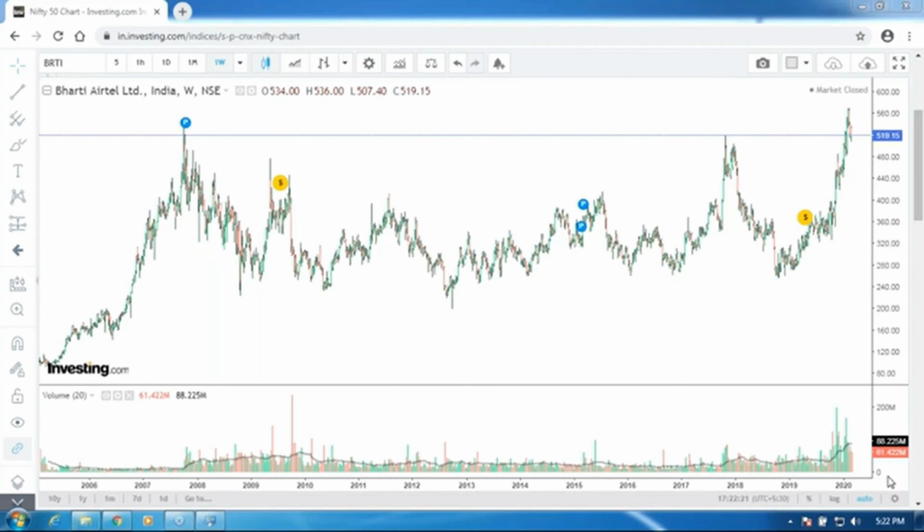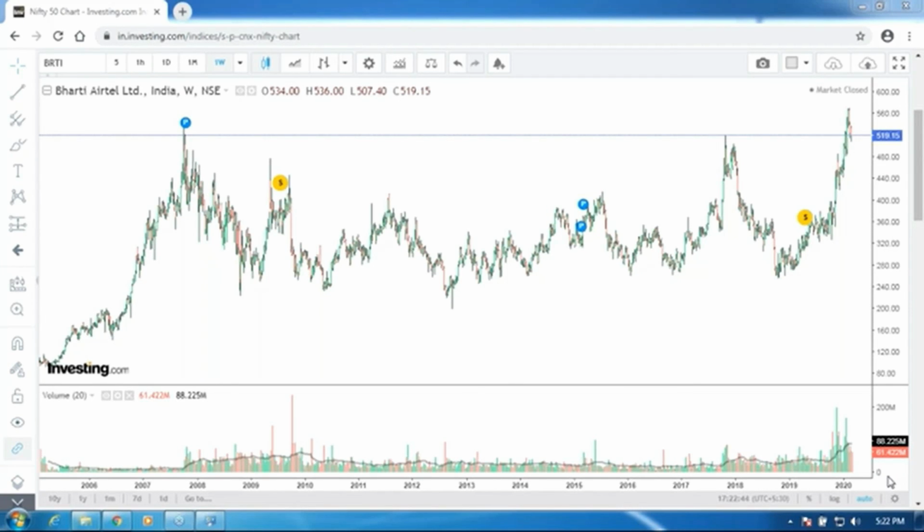I have nothing against PSU bank stocks, but as long as they don't perform, why would I put my money on them? Okay. So basically, you only focus on the performance of a stock vis-a-vis the market. If it is outperforming the market, that's in uptrend, you will buy it. If it is underperforming the market, you will straight away sell it.